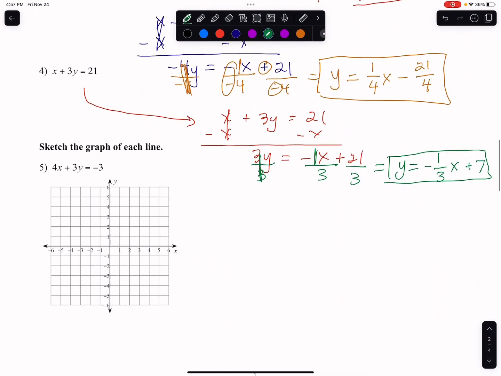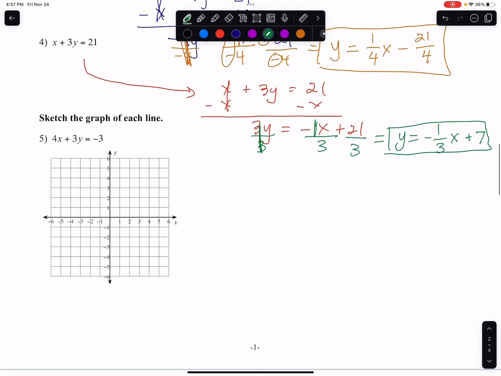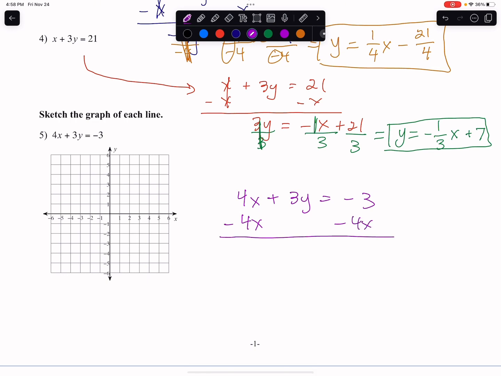Now, on the last 3, we're going to convert them and then graph. So we got 4x plus 3y equals negative 3. I'm going to subtract 4x first. So I'm left with 3y equals negative 4x minus 3.